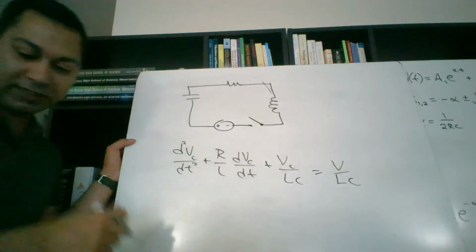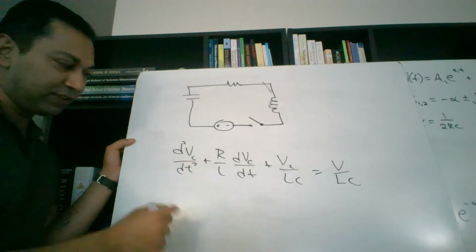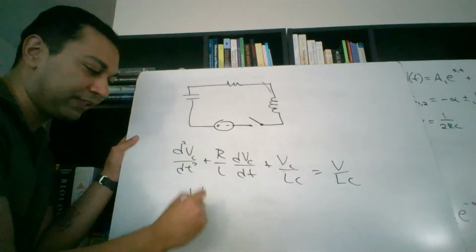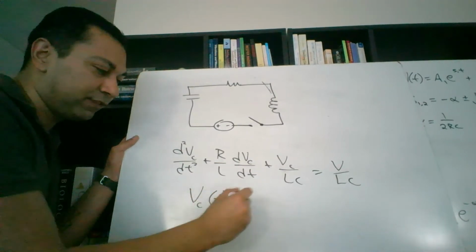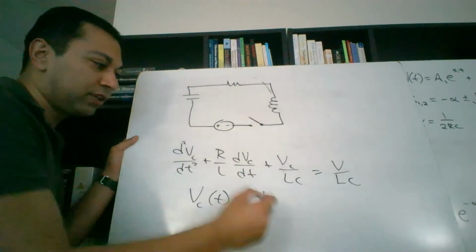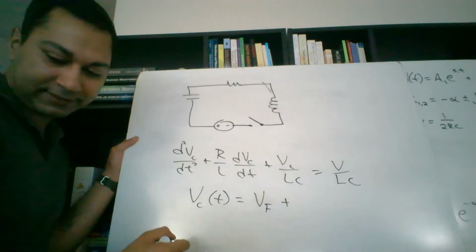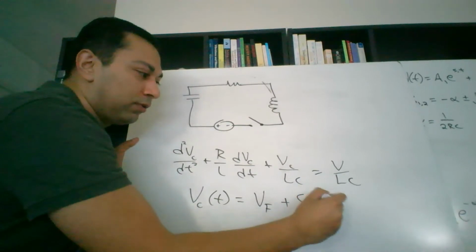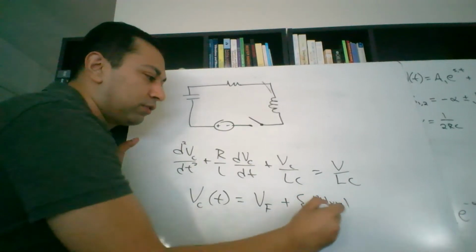If you solve for this and you wanted to know what the voltage as a function of time is, it will be given by something like this. Vc as a function of t will be given by the final voltage across the capacitor plus whatever this term we call the natural response.